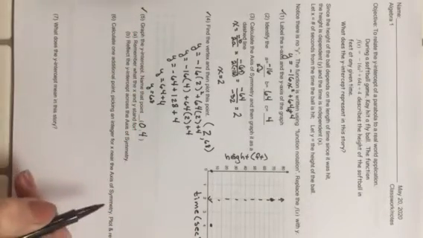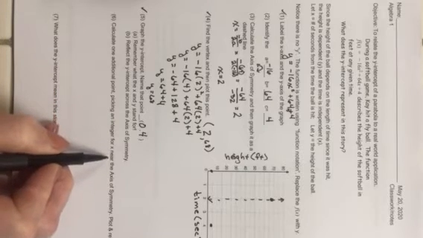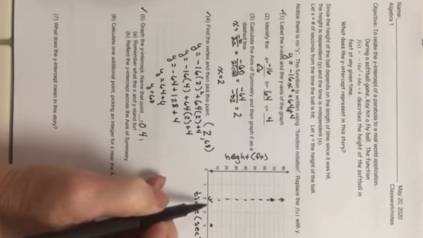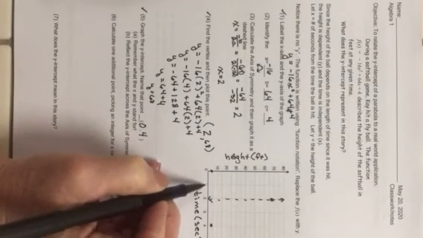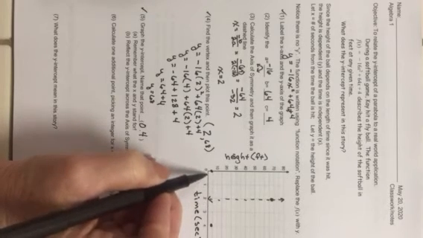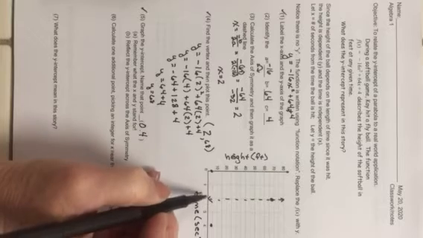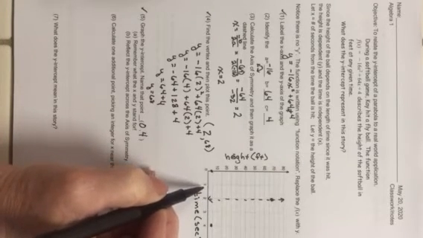Done. And then I'm going to calculate one additional point by picking an integer for x near the axis of symmetry. Well, here's my axis of symmetry. I've used 0 and 4 for my x, so I can use either 1 or 3. I'm going to take the 1. Traditionally, I go in the direction of the y-axis when I do this, but sometimes it's easier to go to the other side. But let's use 1.